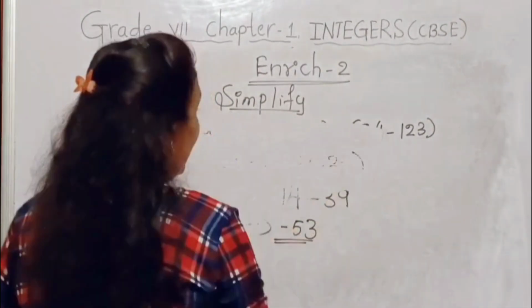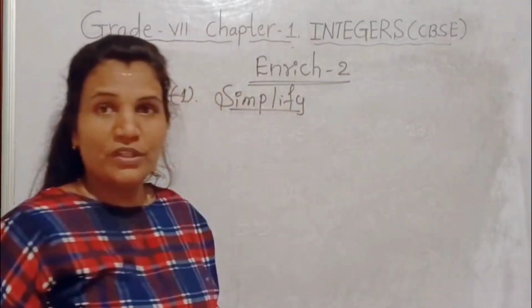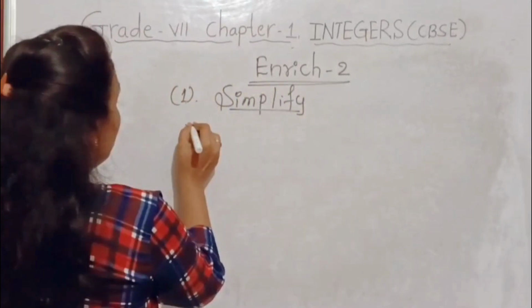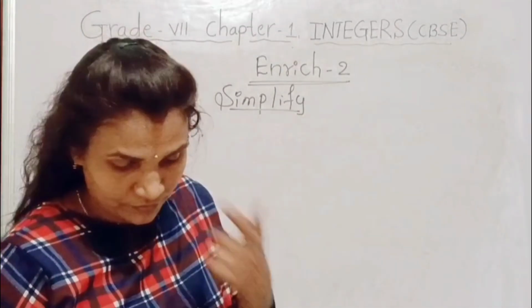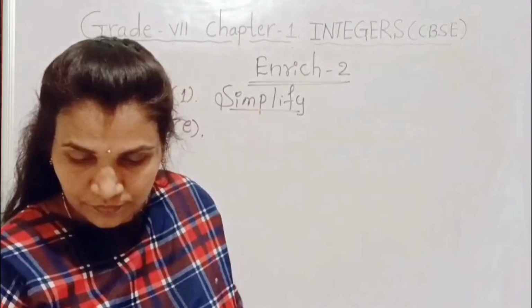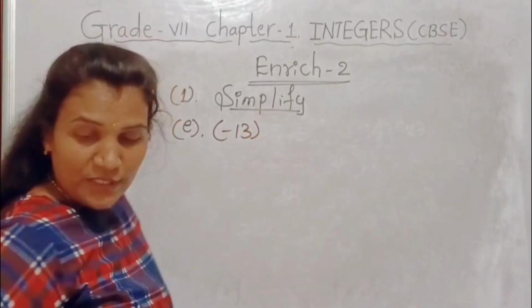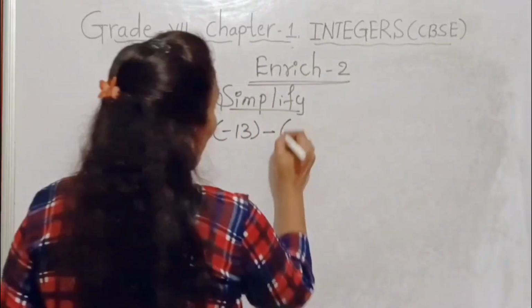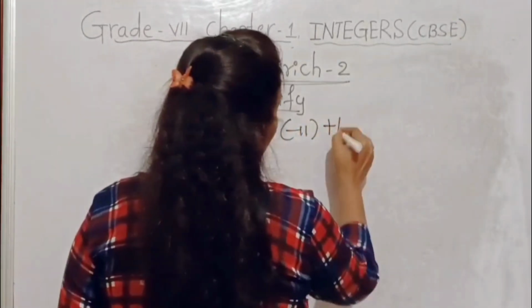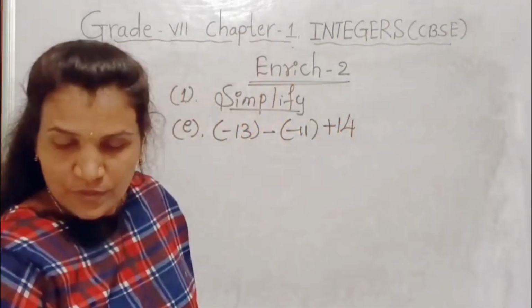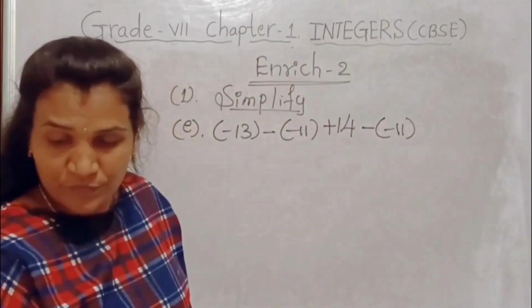Now we'll move to question number E. Take down the question. Minus 13 within the bracket, minus of minus 11, plus 14, minus of minus 11.